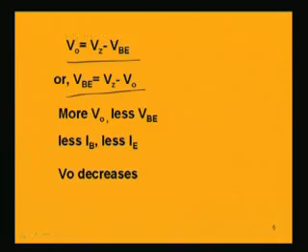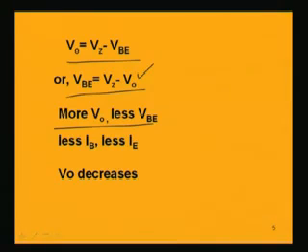If V naught is increasing because of some supply variation, then as the negative component of this equation increases, VBE will be decreasing.